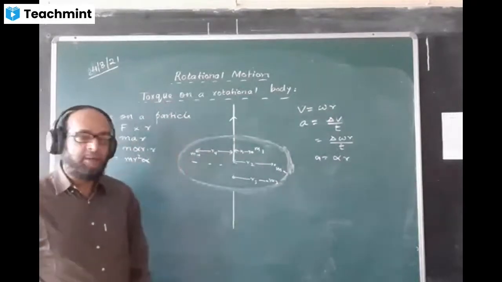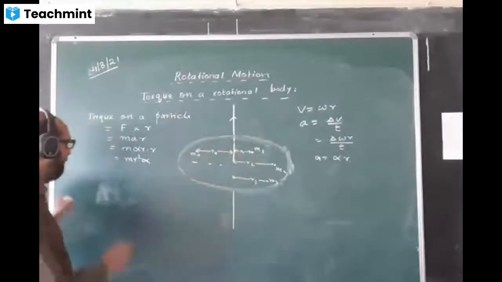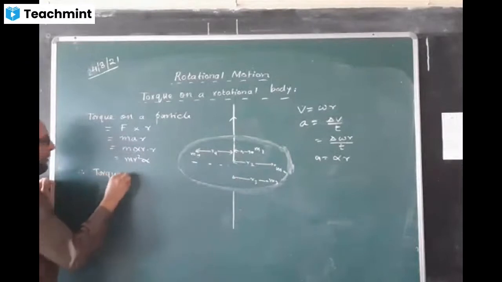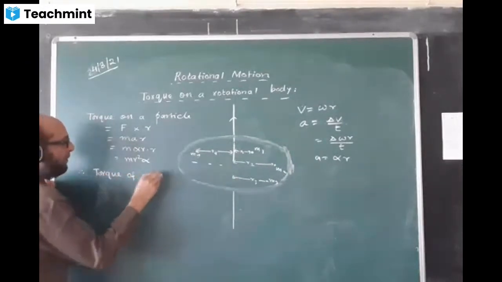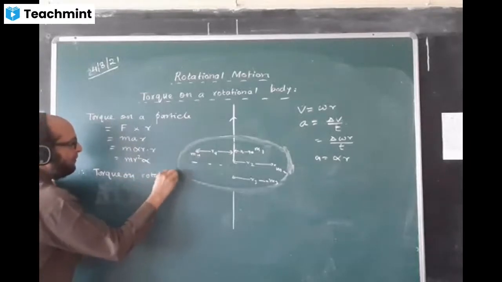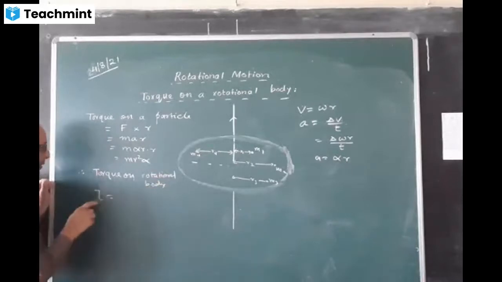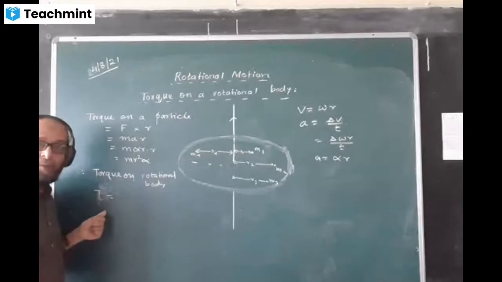Torque on any particle. How many particles are there? Many. Therefore the total torque will be the sum. Torque of rotation, or torque on a rotational body, total torque I'll call tau.